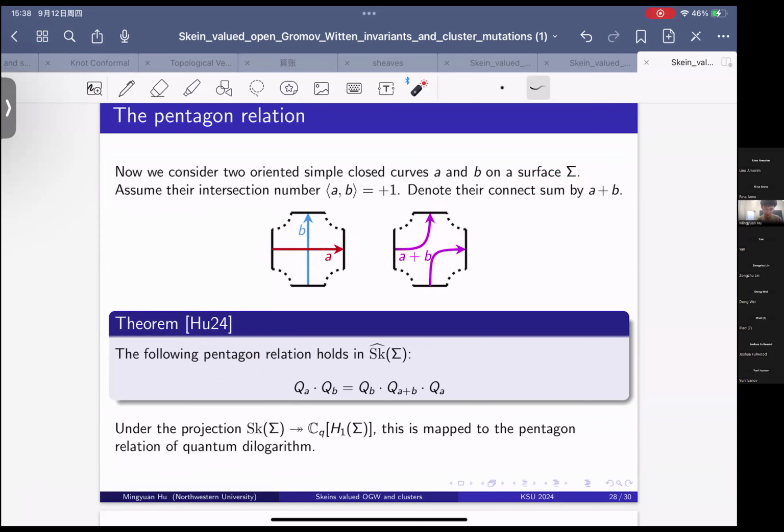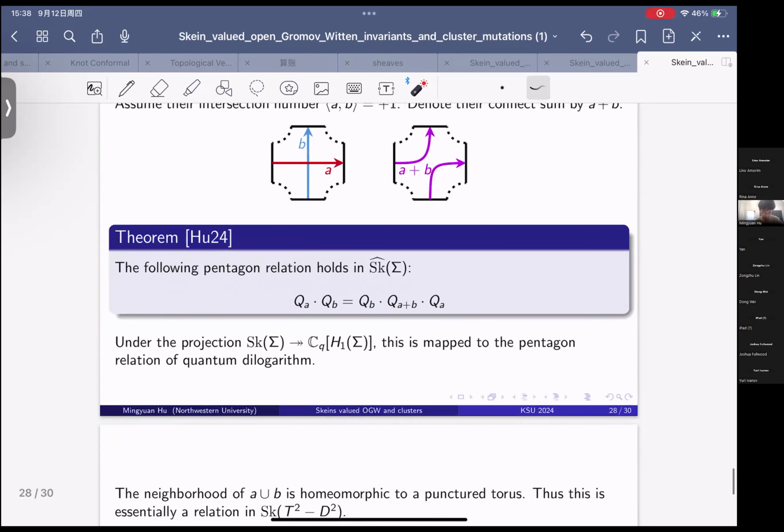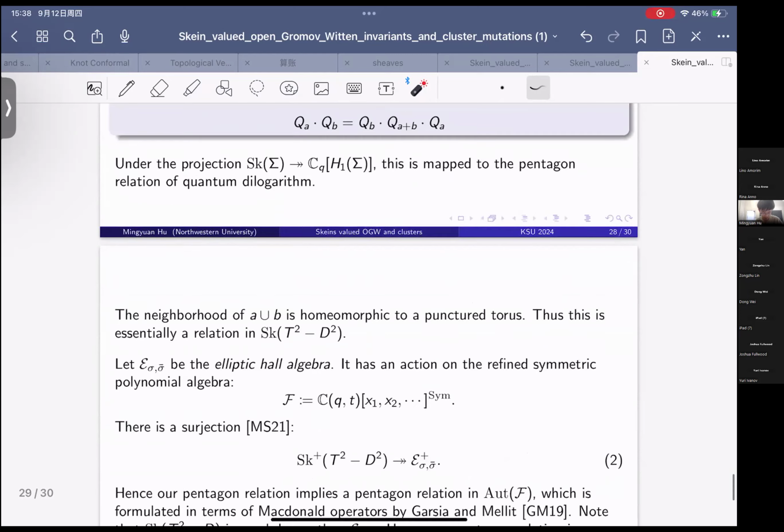So we do a surgery, and this is A plus B, and we have such a pentagon relation. So when we do this rank 1 reduction, we get the pentagon relation for the quantum dilogarithm.